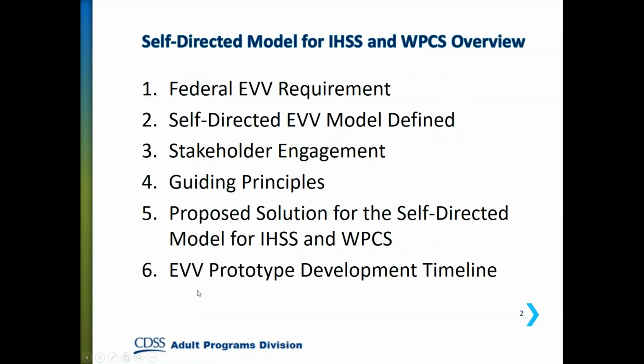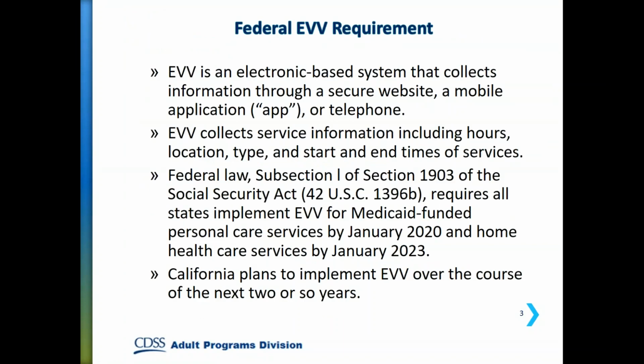So electronic visit verification was a federal requirement to have all individuals that are doing personal care services or home health services under the Medicaid program use an electronic visit verification tool. The initial implementation date was January of 2019. That has, for personal care services, been changed by the federal government to January of 2020.